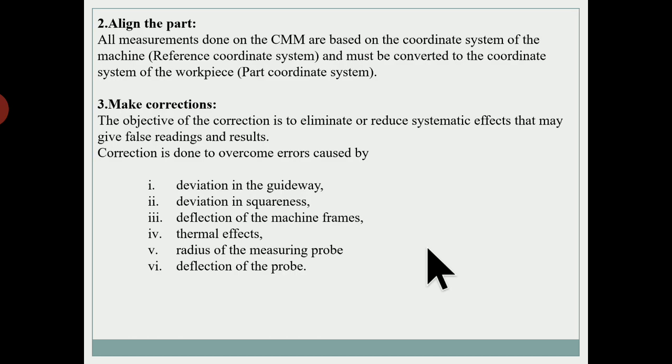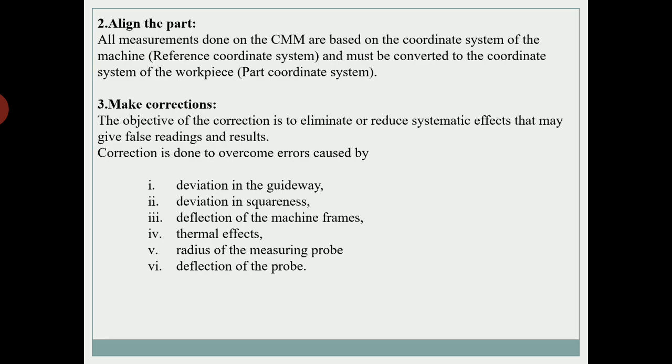All measurements done on CMM are based on coordinate system of the machine, that is reference coordinate system, and that must be converted into coordinate system of the workpiece, that is part coordinate system. That is the main function of computer, to convert reference coordinate system into part coordinate system. That is the second function.